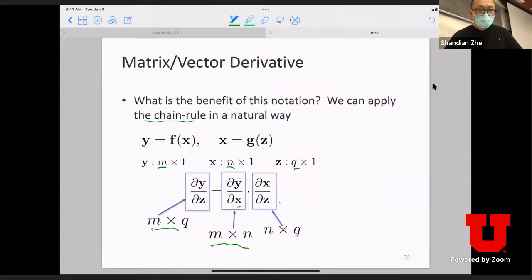The row dimension is the dimension of y, and the column dimension is the dimension of x. Similarly, partial x over partial z is another Jacobian, of size n by q. So you just multiply the first Jacobian by the second Jacobian. The matrix multiplication is consistent. That's why we like the Jacobian notion of the gradient.